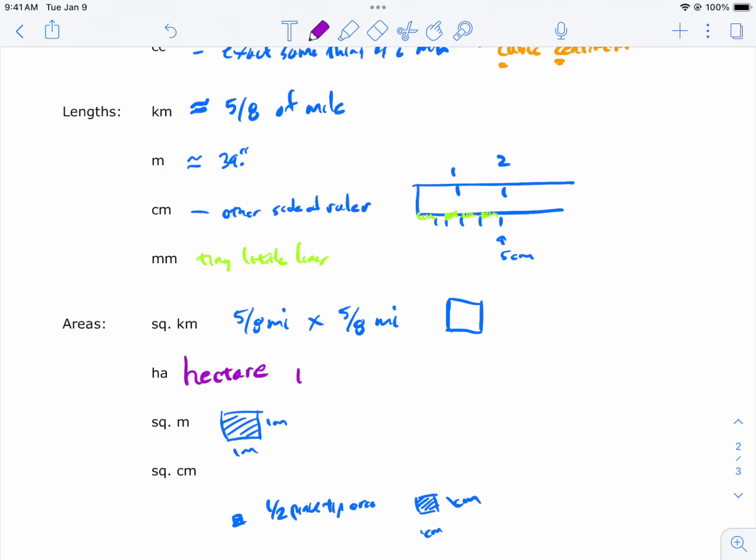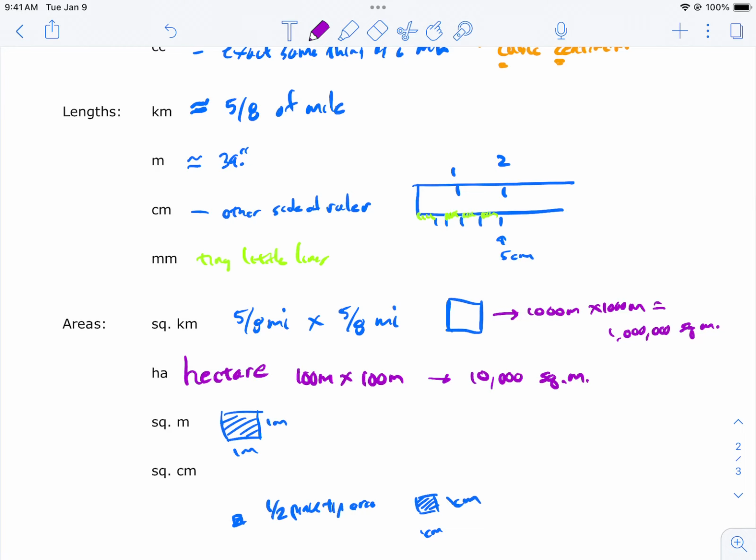and it measures 100 meters on one side by 100 meters on the other side, which means it's 10,000 square meters. By the way, how many square meters are in a square kilometer? A kilometer is 1,000 meters, right? So if you have 1,000 meters one way and 1,000 meters the other way, you've got 1,000,000 square meters.